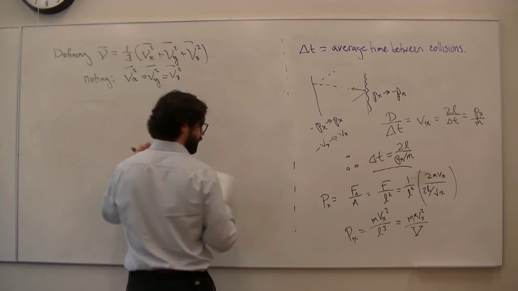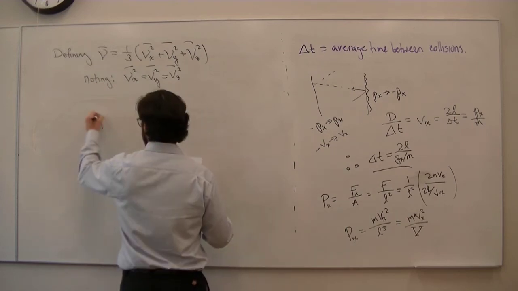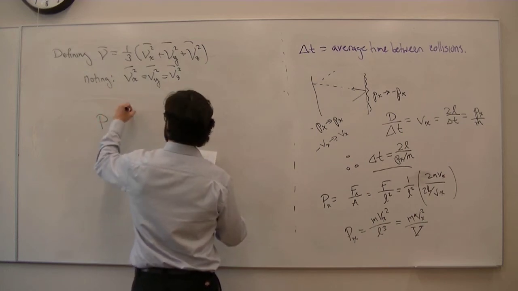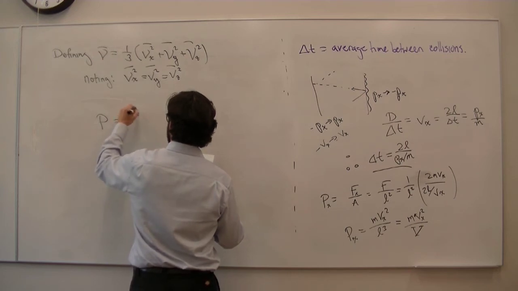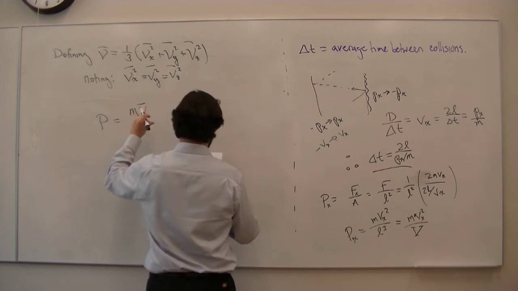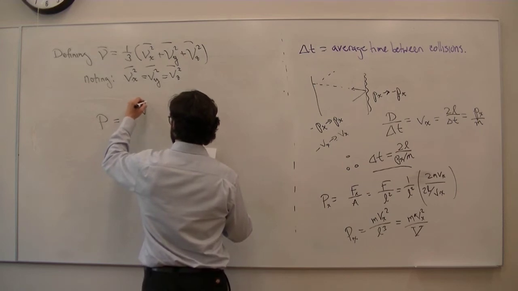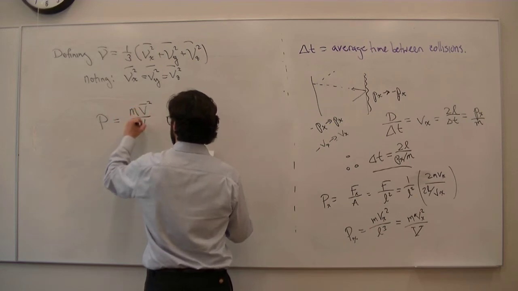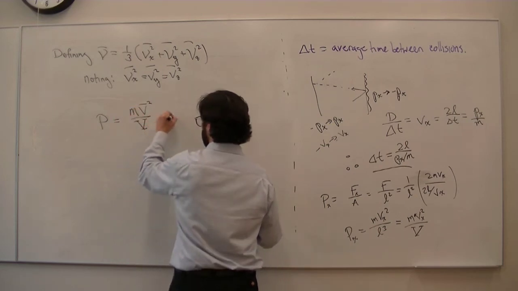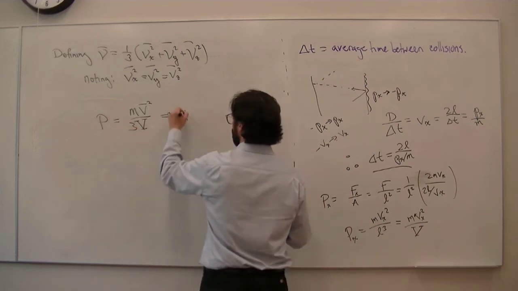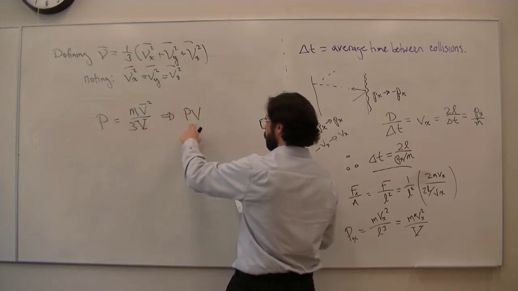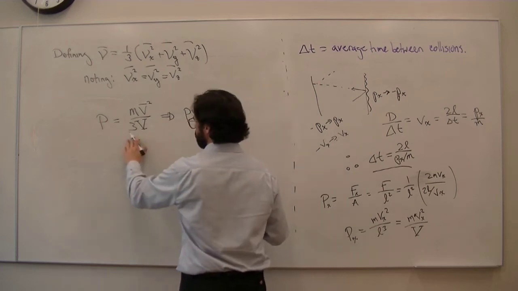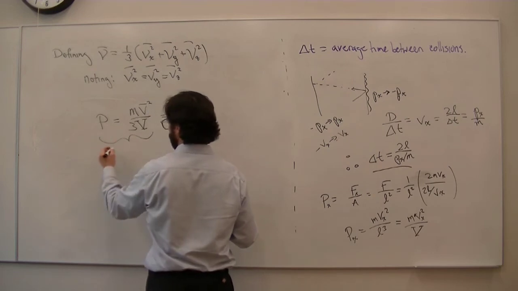Now we can get rid of the subscript x, and we can say the average p is m v squared over V for volume, and then let's make it look a little bit more thermal. We get a third over there. PV, hey, this is starting to look good because we have an ideal gas law that has a PV in it. And then finally, this is per particle, right? So we just thought about one average particle.